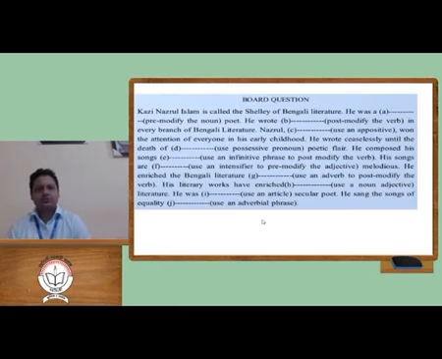He wrote, post-modify the verb, in every branch of Bengali literature. Here my verb is wrote. I have to use a post modifier. I have to post modify the verb wrote.